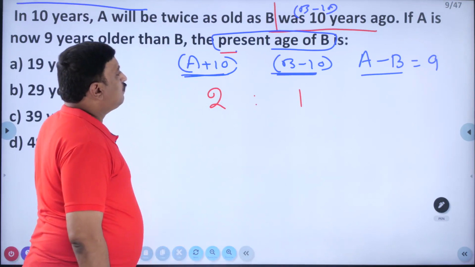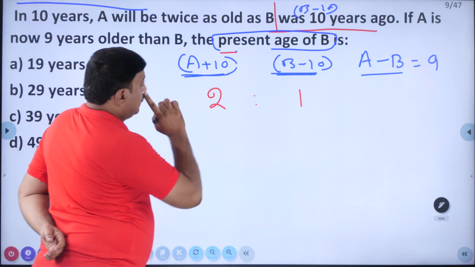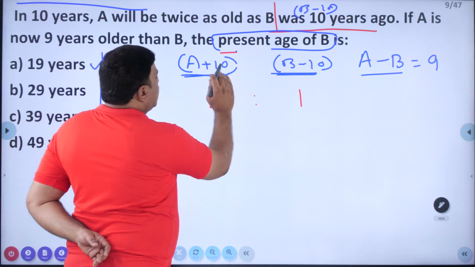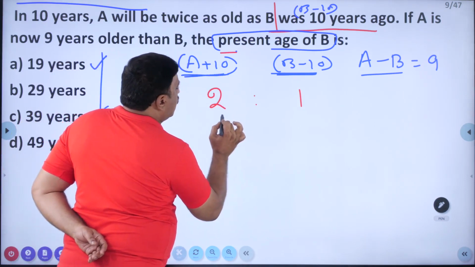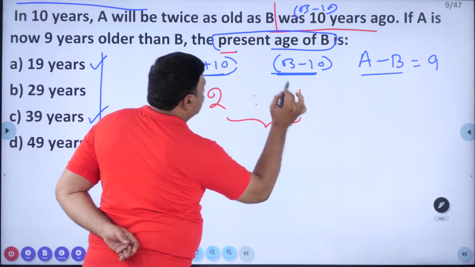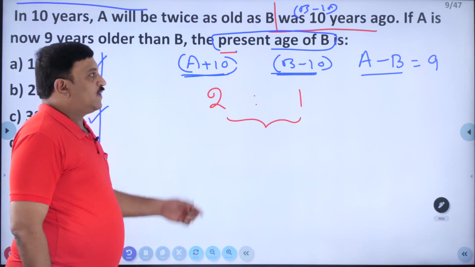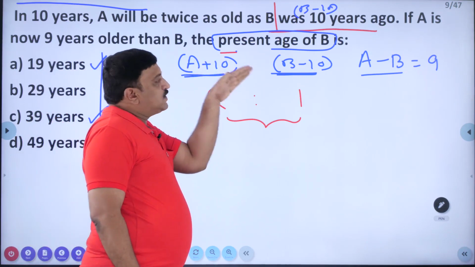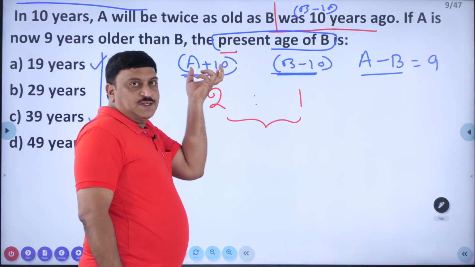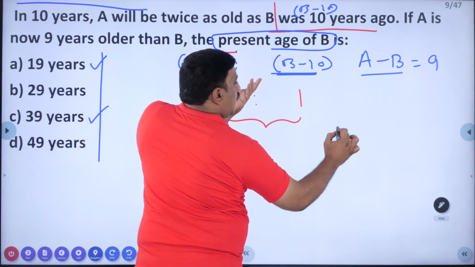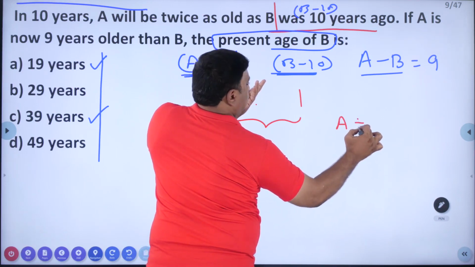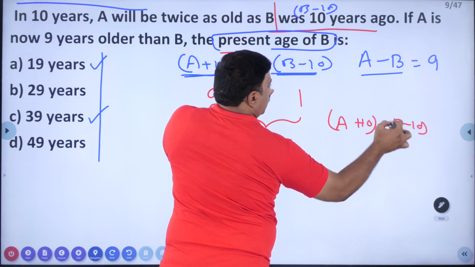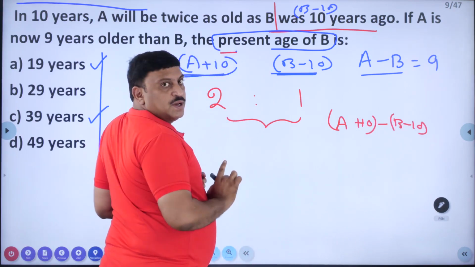Okay. Now, if this is the case, if I take the difference of this one, A plus 10 minus B minus 10, it can't be 9 years actually.